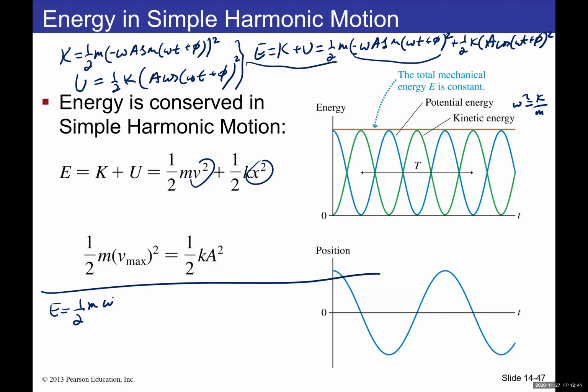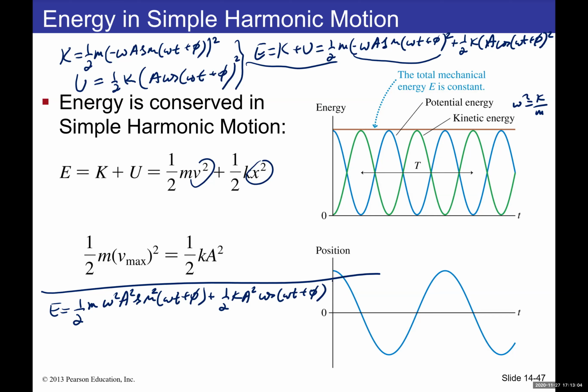So it becomes omega squared, and the negative disappears because I'm squaring the whole thing. Omega squared, A squared, sine squared of omega t plus phi, then plus 1/2 k A squared cosine squared of omega t plus phi.